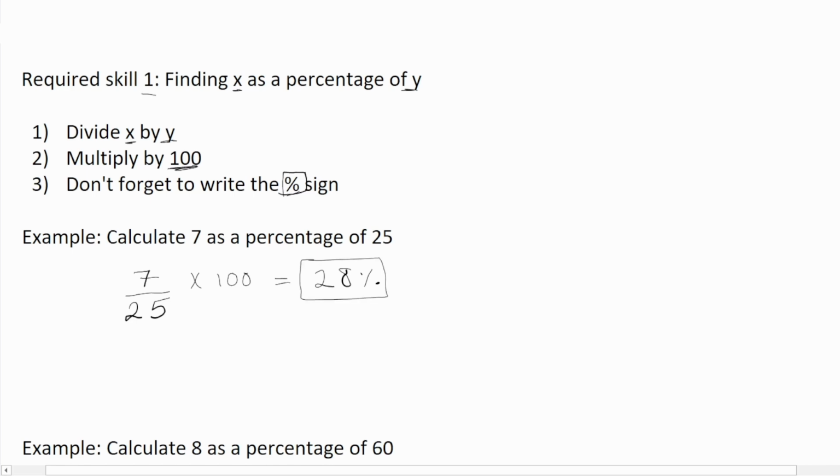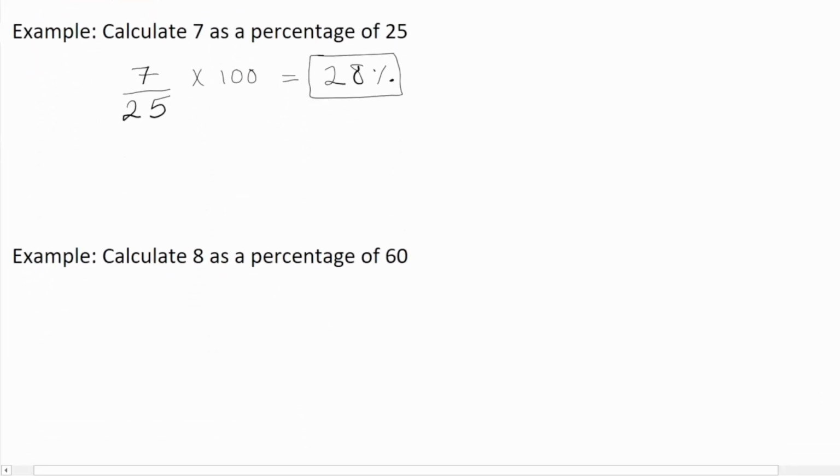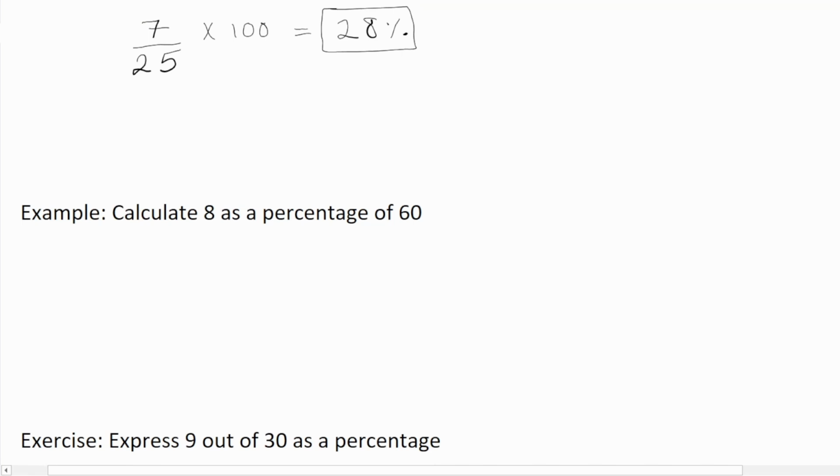Let's take another example. Calculate 8 as a percentage of 60. So again, we're going to say 8 divided by 60 multiplied by 100. Again, you simply plug this on your calculator, and in this case, you are going to get 13.3 recurring.